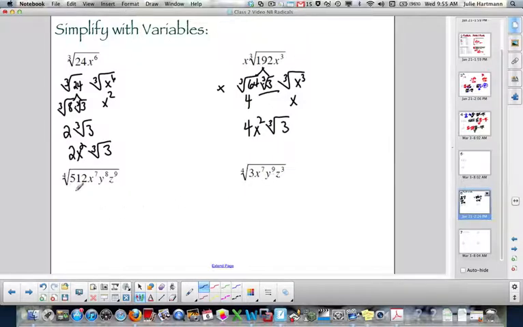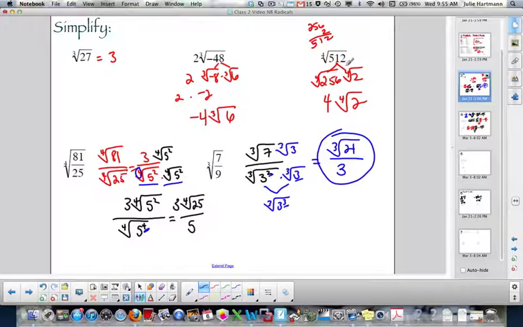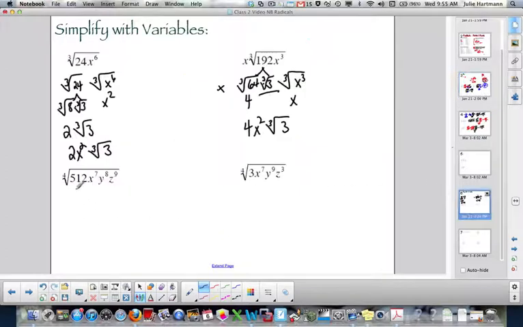Next, 4 goes into 512. Let's see, what goes into 512? We did that already. That was the 4th root of 512 is 4 times the 4th root of 2. So that's 256 times 2. And then the 4th root of 256 is 4. So we have the 4th root of 2 left over. And then with our variables, the same thing we did with squares.